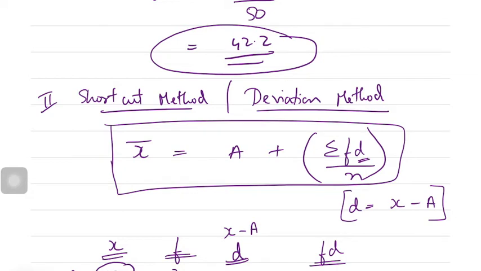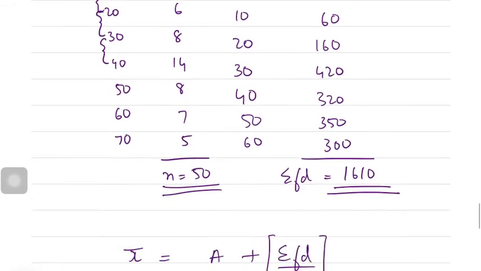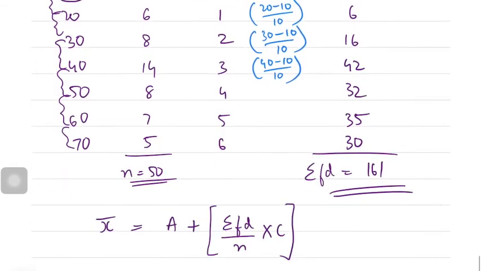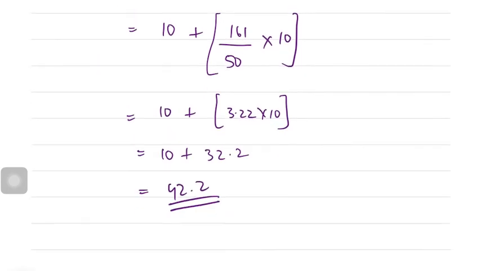So I would suggest using deviation method throughout to calculate arithmetic mean. This is how you calculate arithmetic mean in case of discrete series.